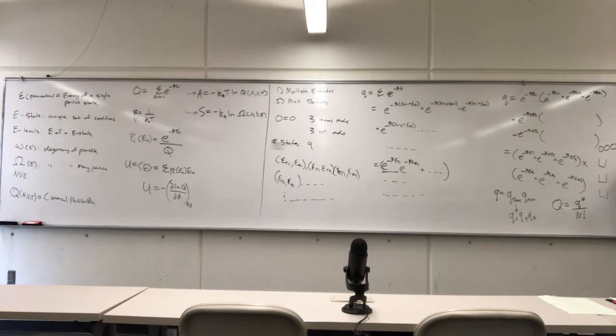We have 3 choices, 2 choices, 1 choice. If they're distinguishable, that's 3 times 2 times 1, which is 6. Since they're indistinguishable, we need to divide by that number. So that's the indistinguishability factor: the probability that when you swap 2 particles, it's actually the exact same configuration.